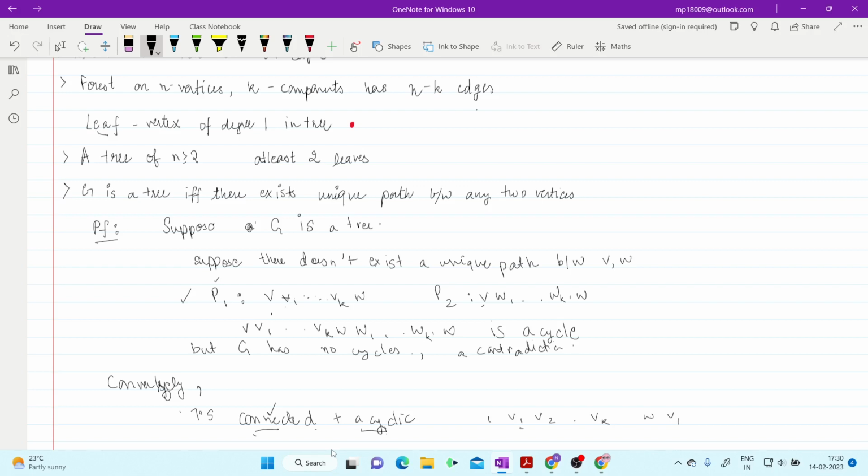Then we can break this cycle in the middle, and we'll get two different paths between v1 and vk. Therefore, if there exists a unique path between any two vertices, the graph has to be acyclic, and therefore G is a tree if and only if there exists a unique path between any two vertices.